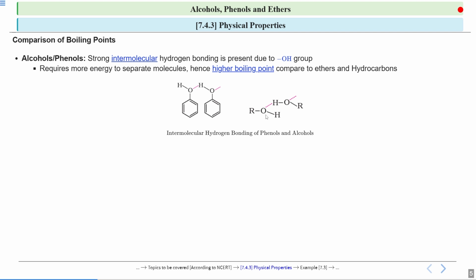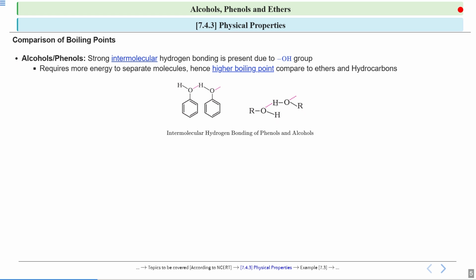So look at this molecule of alcohol. Here you have oxygen, here you have hydrogen. Oxygen, being more electronegative than hydrogen, will take the shared pair of electrons from the hydrogen. So a partial negative charge will be developed on oxygen and a partial positive charge will be developed on hydrogen.